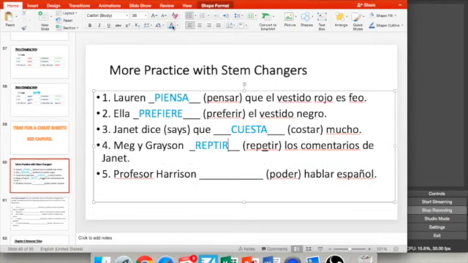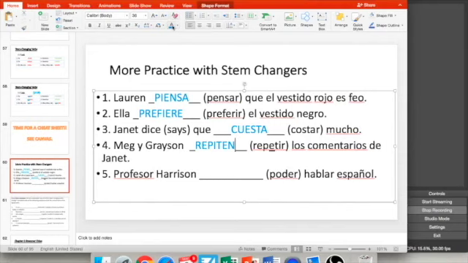Repetir. I next need to chop off my IR in repetir. And as I've done that, I need to decide about Meg and Grayson. Well, would Meg and Grayson be I, you, he, she, we, or they? Meg and Grayson would be they. So my bottom right box, I need to add an E in. Meg y Grayson repiten los comentarios de Janet.